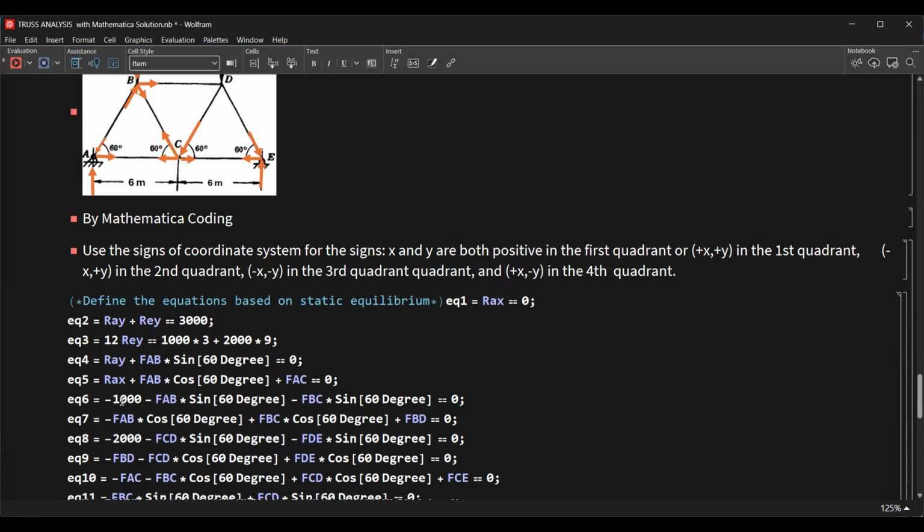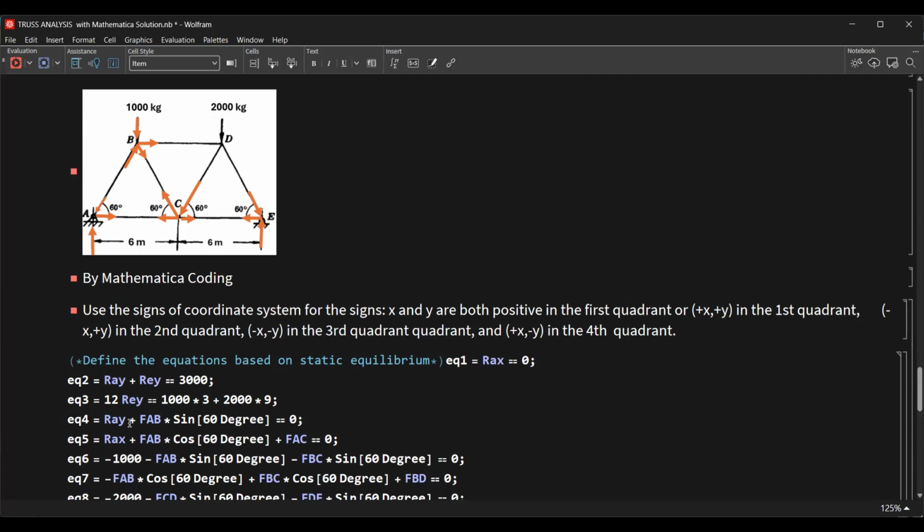The negative 1000 here is negative. Then we also have AB, so negative AB times sine 60 degrees, the Y component of AB. Then the Y component of the force BC is negative also, directed downward, sine 60 degrees.